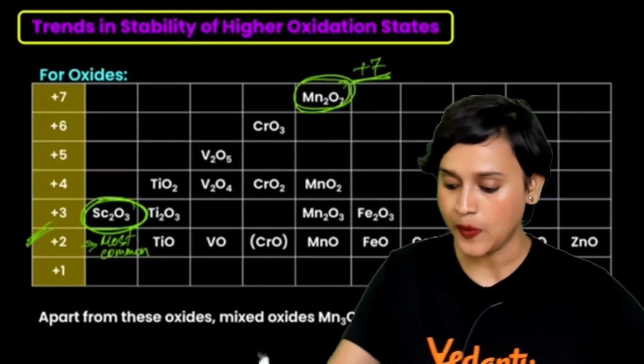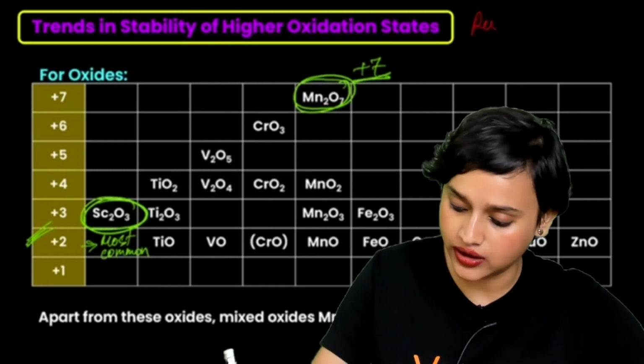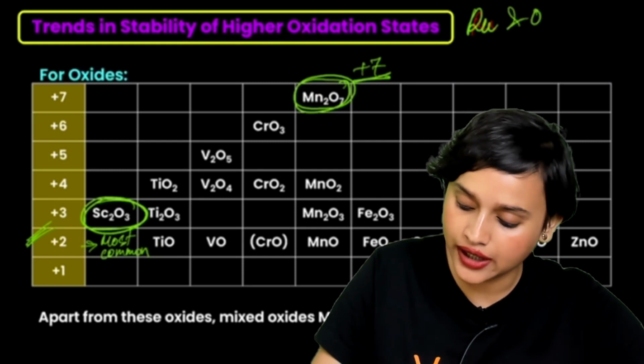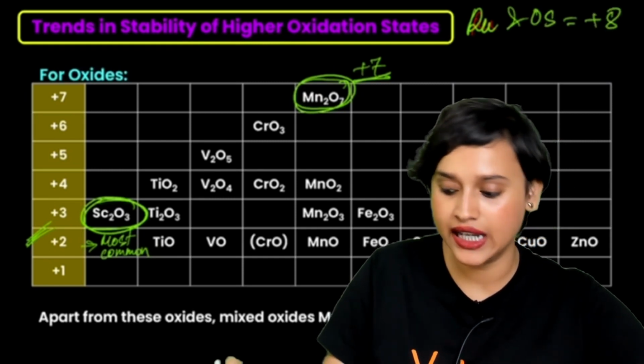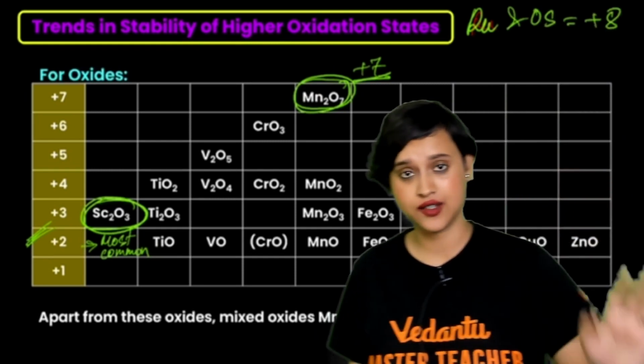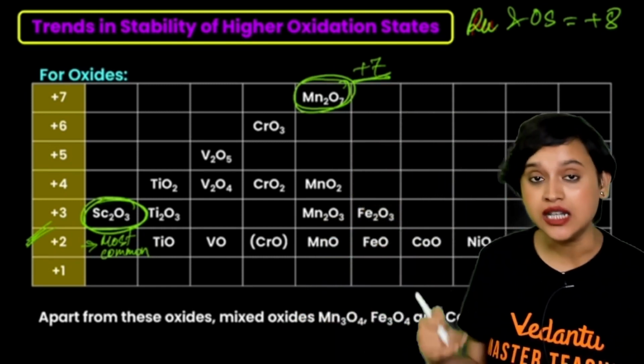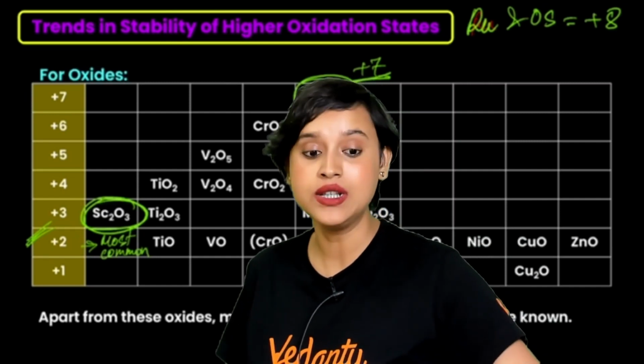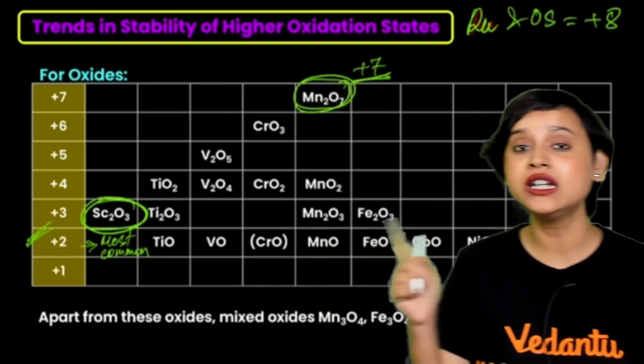Understood? Great. Once again, let me write it down here as well so that you all understand. Ru and Os show the +8 oxidation state, which is the highest. Now the heavy elements in the d block are more stable at higher oxidation states.